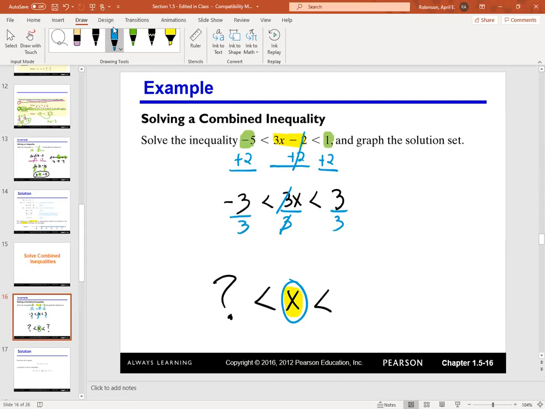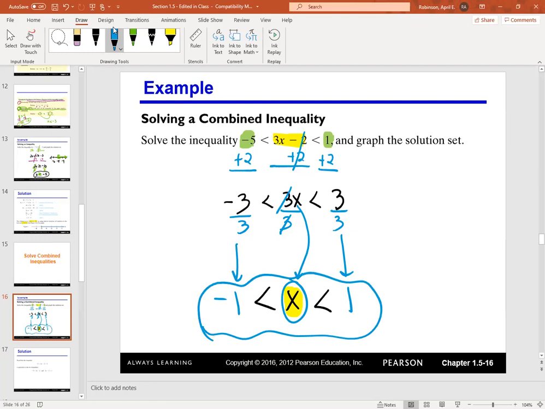And now I can erase these question marks. 3 divided by 3 is 1, and -3 divided by 3 is -1. And of course, here's that x. That's my answer. X can be any number between -1 and +1, but it cannot equal -1 or +1.